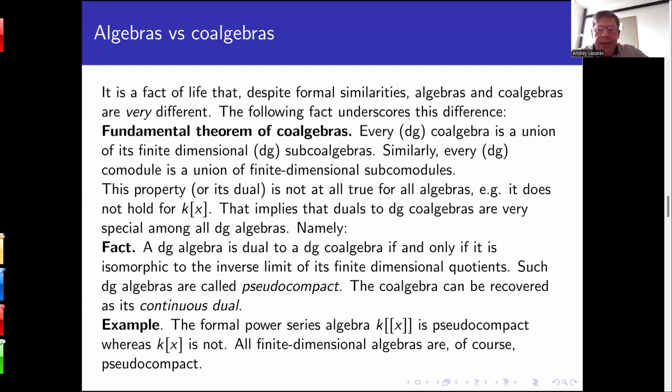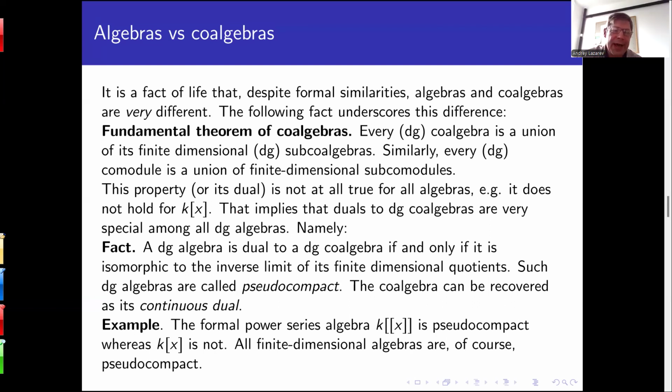And similarly, every comodule over a coalgebra is a union of finite dimensional subcomodules. It's a funny little property of coalgebras, and if you haven't seen this before, I recommend that you try to prove it yourself. This is not at all obvious how to prove. And I think you would spend maybe an hour proving that, at least.